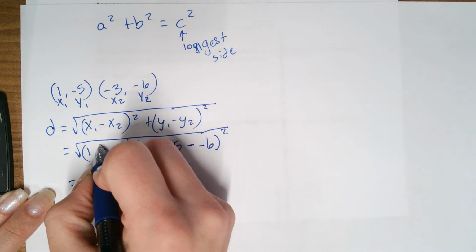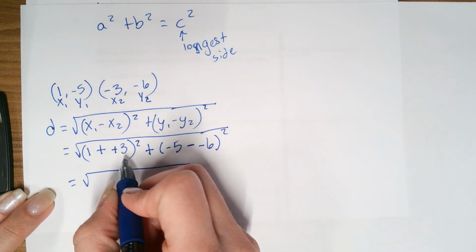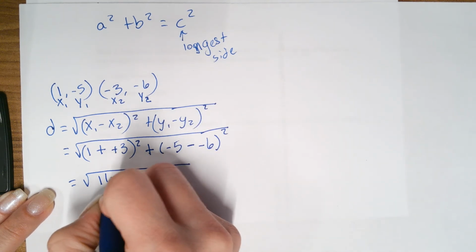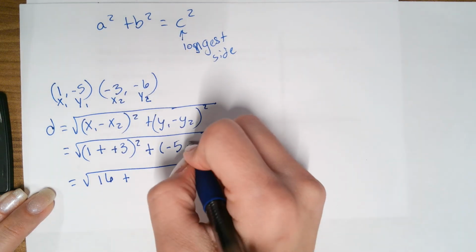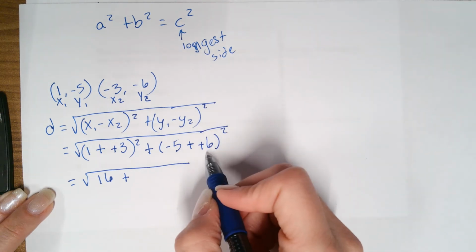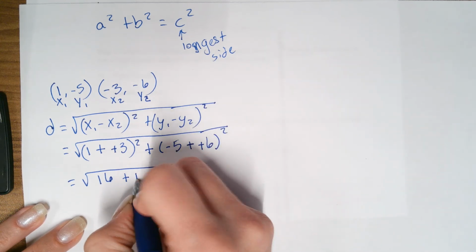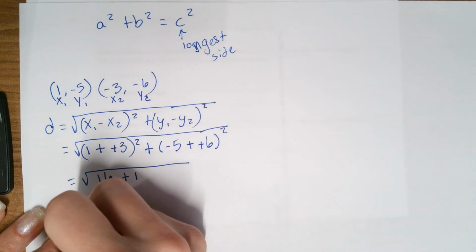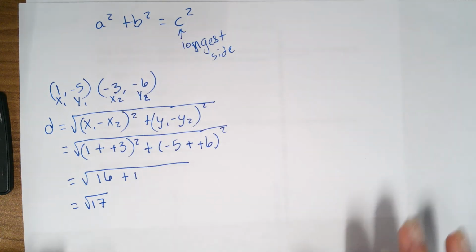So a negative and a negative make a positive, so that gives me 1 plus 3, which is 4, and 4 squared will give me 16, plus, again, a negative and a negative make a positive. So -5 plus 6 is +1, and 1 squared, or 1 times 1, is just 1. So the length of this side is the square root of 17.